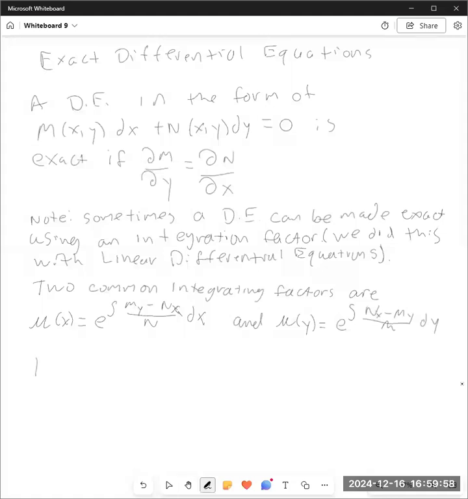The first example we have is (2x minus 1) dx plus (3y plus 7) dy equals 0. I first want to check the partial of this first part, M, with respect to y.